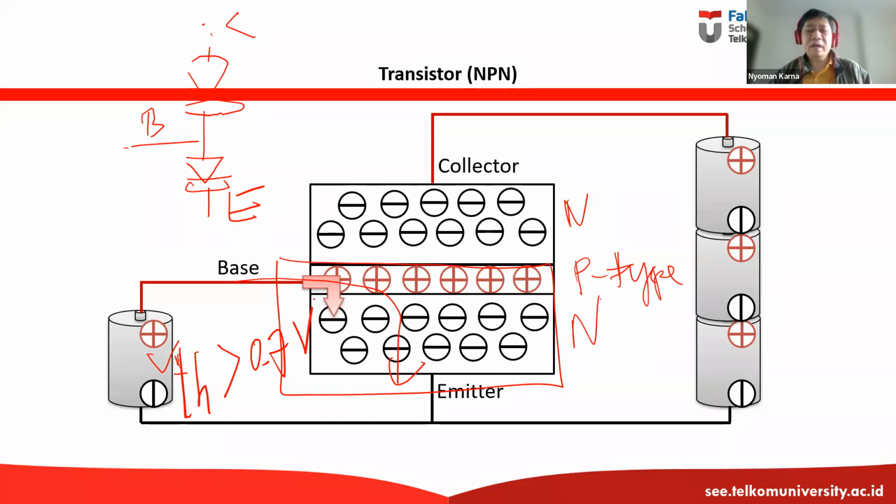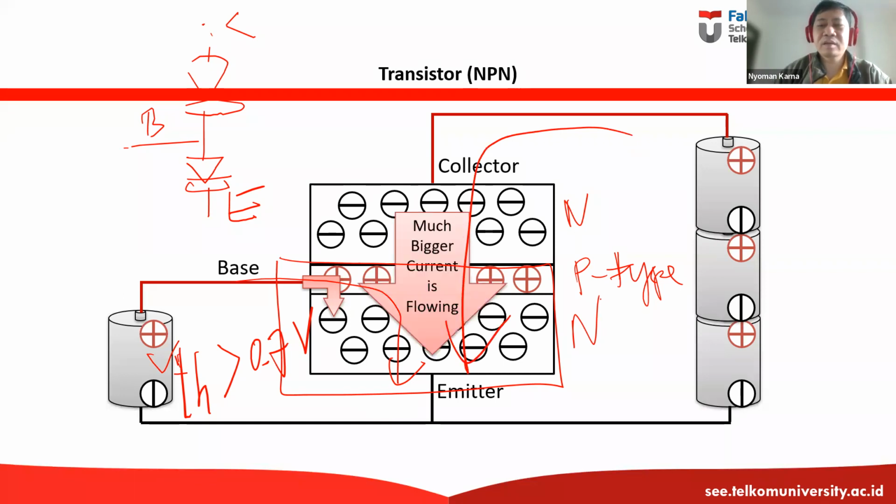This actually will attract a current that will move from collector to the emitter. However, the current flow from the collector to emitter is much bigger compared to the base and emitter. And this is what we call amplification. Small current, big current in here. This is what we call the transistor effect.